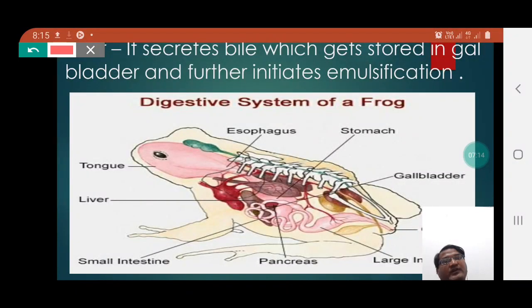Here you can notice the gallbladder. So from liver, the bile is stored in the gallbladder, from where it is secreted.